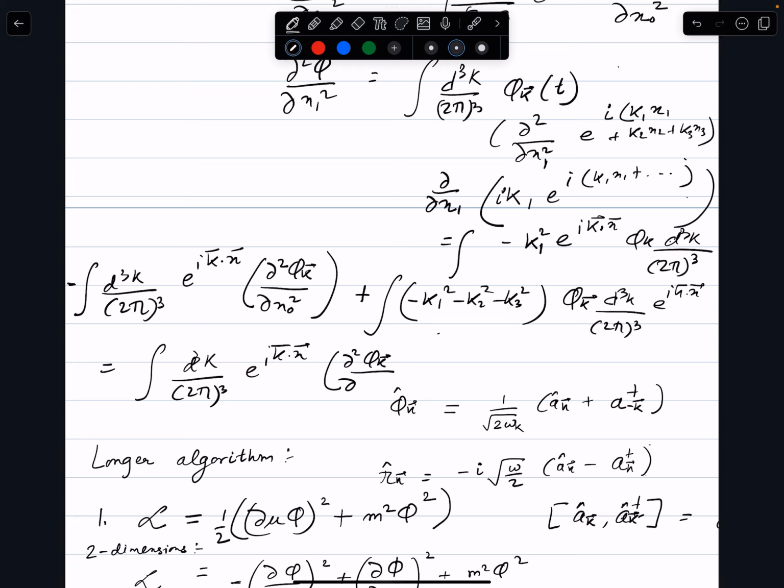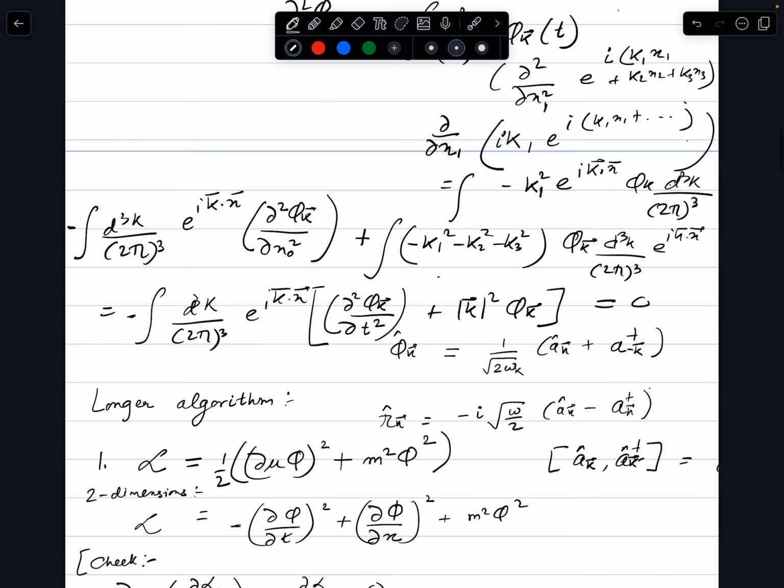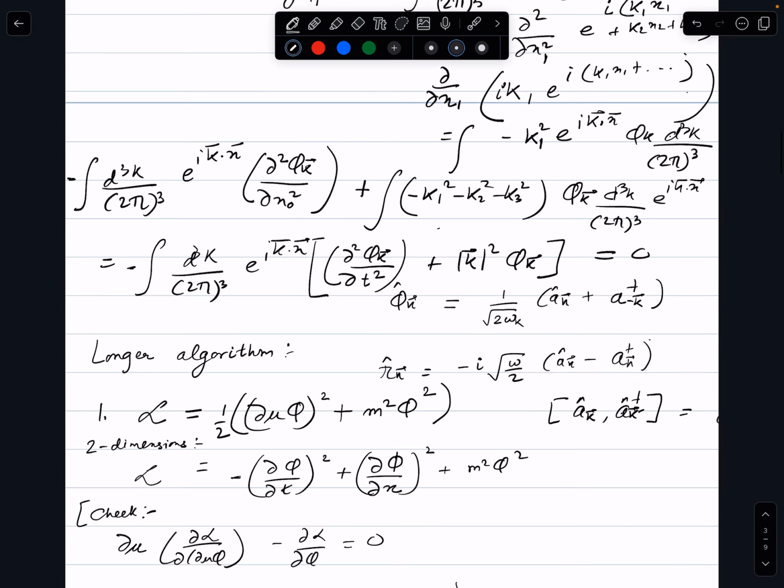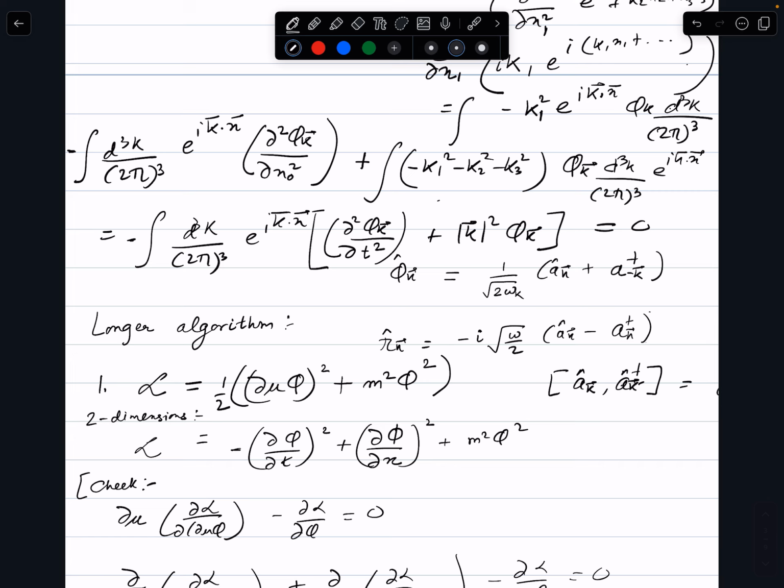This is really time, so let me write this as t, plus |k| whole squared, sorry, yes, minus sign outside, |k|² into φ_k equals 0, because k1², k2², k3², k being a vector, is just the modulus squared. Okay, and so then we have an equation for a harmonic oscillator with this.